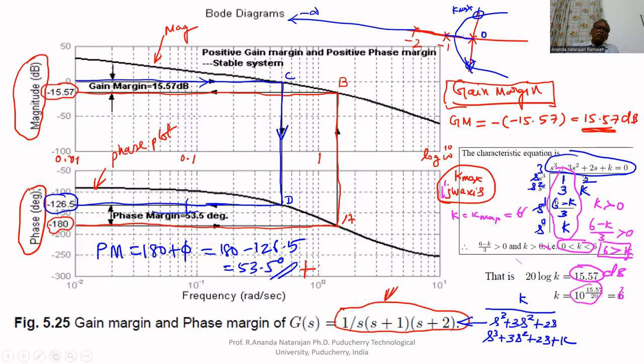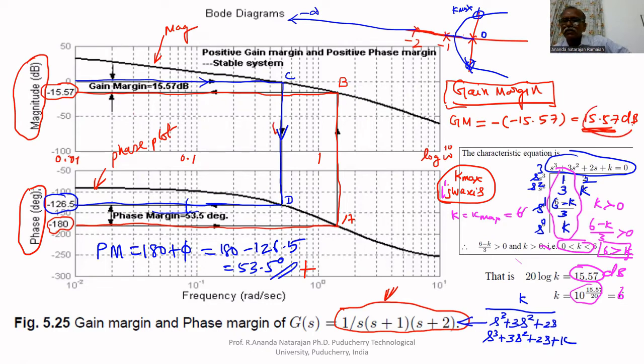Therefore, it requires additional phase shift to drive the system to the verge of instability. If you see the gain margin, it requires an additional gain of 15.57 dB to drive the system to the verge of instability.